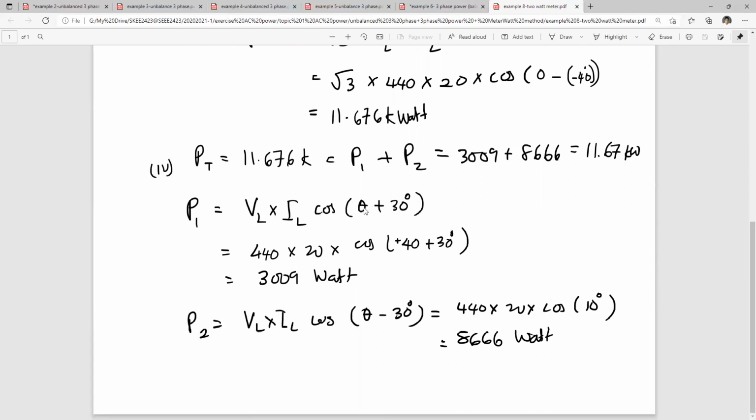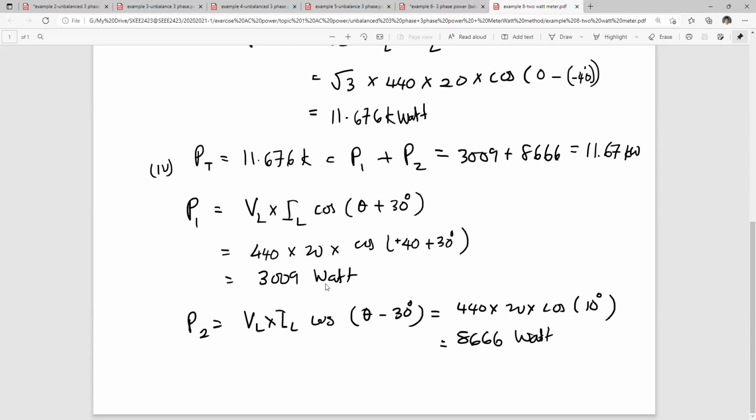This theta is the angle difference between V phase and I phase. So with 40 plus 30 degrees, you will obtain 3009 watts.